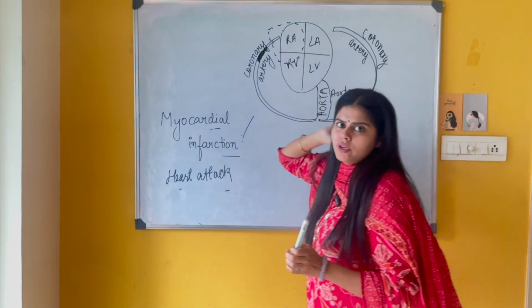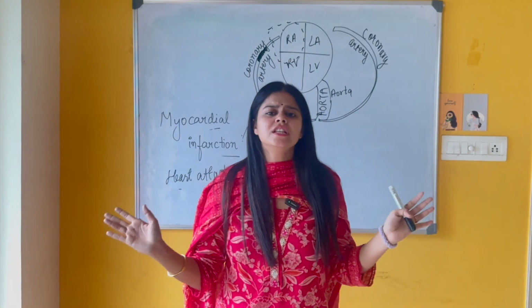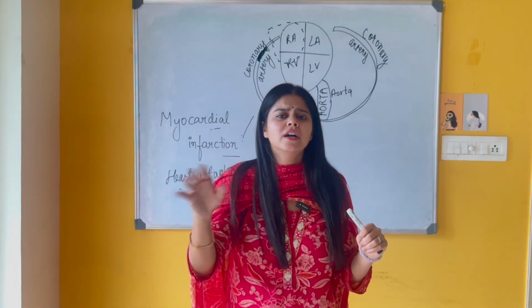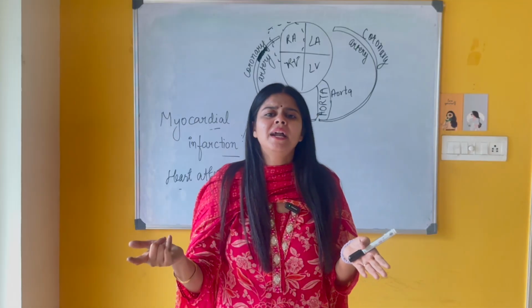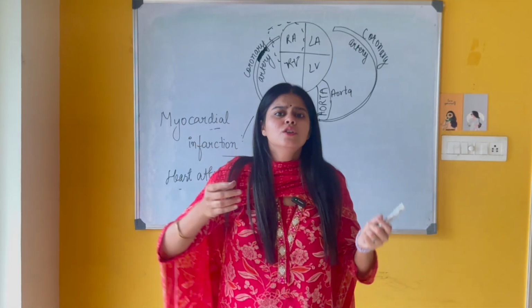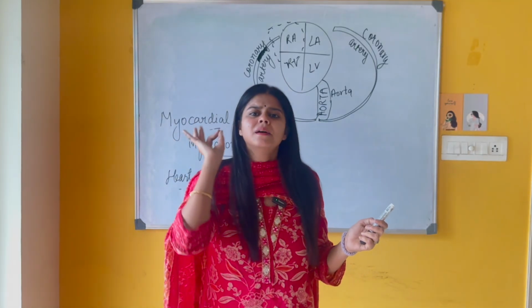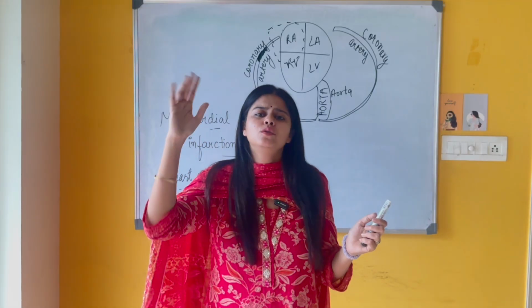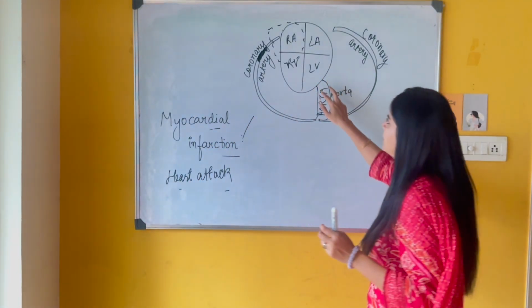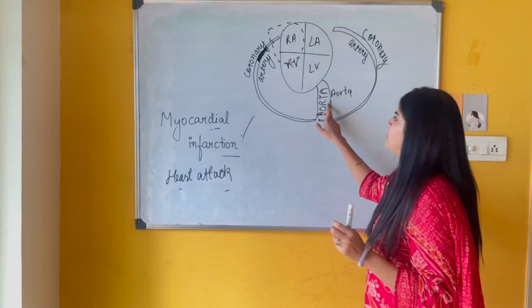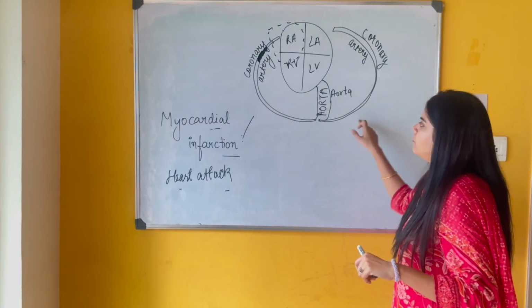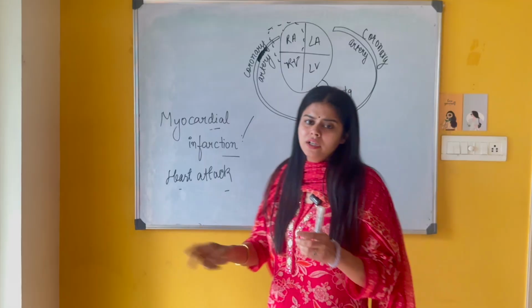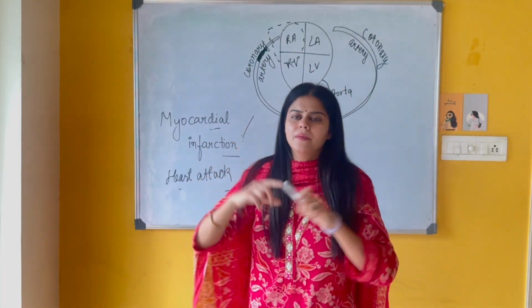Now let's talk about heart. Your heart is continuously working without getting tired, without taking any break. Oxygenated blood is needed by the heart as well. So which blood vessel supplies oxygenated blood to the heart? Aorta, coming out from the left ventricle, supplies oxygenated blood to all the body tissues. So the branches come out from the base of the aorta.